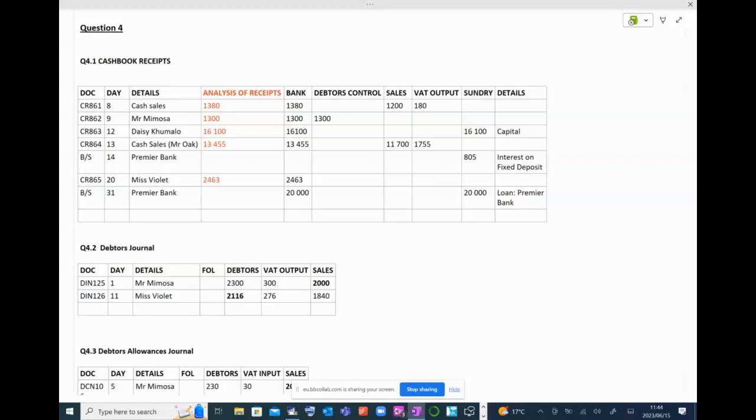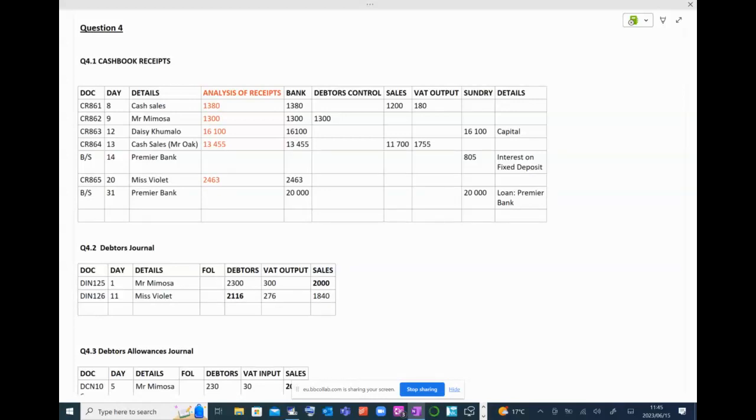It's going to the CRJ. Whenever we receive money, even if it's a donation, CRJ. Again, here they actually say totals are not required, so take note of that.